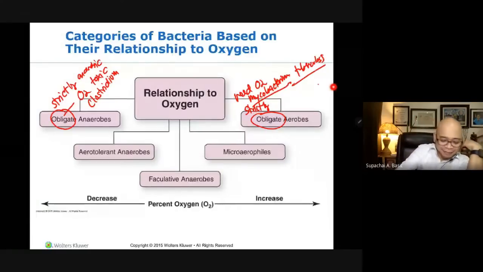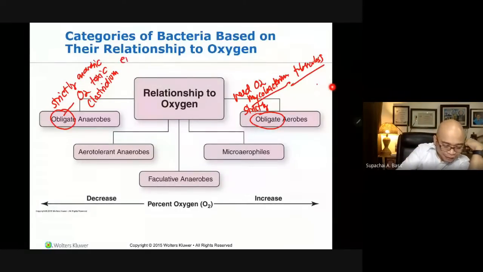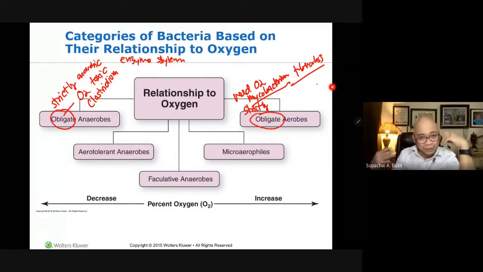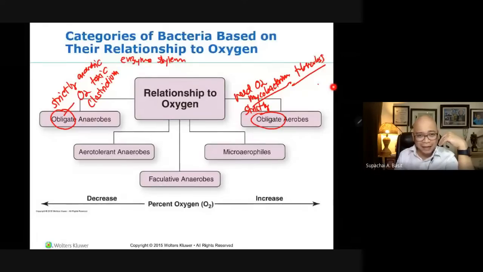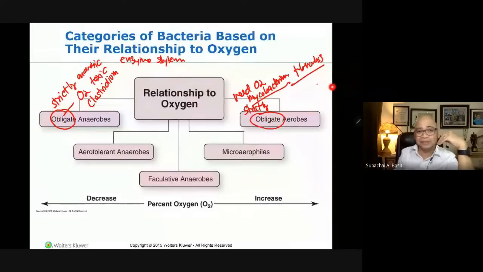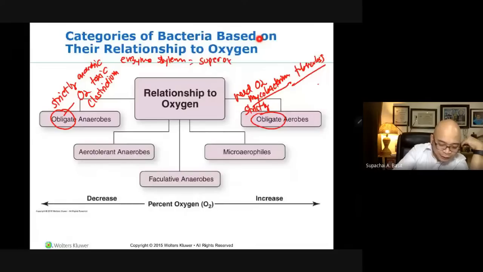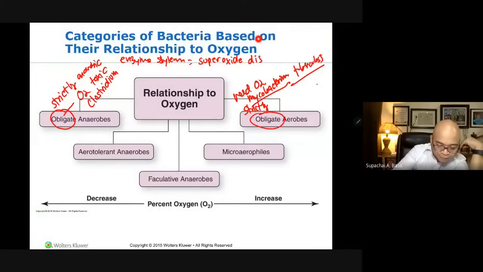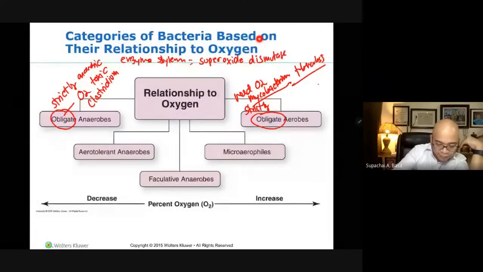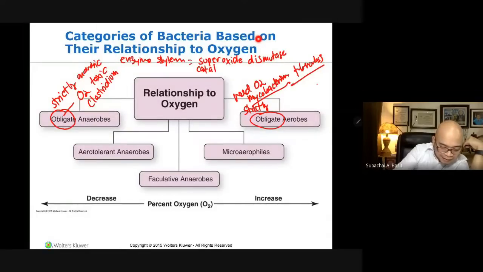Because of the enzyme system. There is an enzyme system that allows bacteria to convert the toxic form of oxygen into a non-toxic form. These enzymes are superoxide dismutase, catalase, and peroxidase.